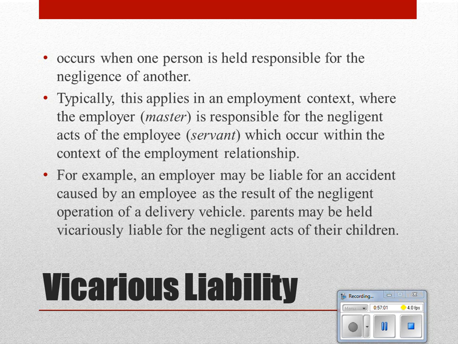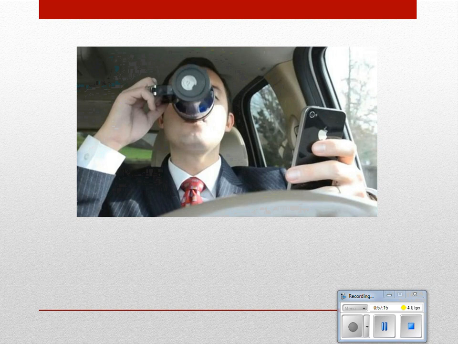The employer might be liable for an accident caused by an employee as the result of the negligent operation of the vehicle, or whatever the situation may be. In this case, this guy has to be working for someone. He has to be entrusted as an employee to drive the vehicle safely.